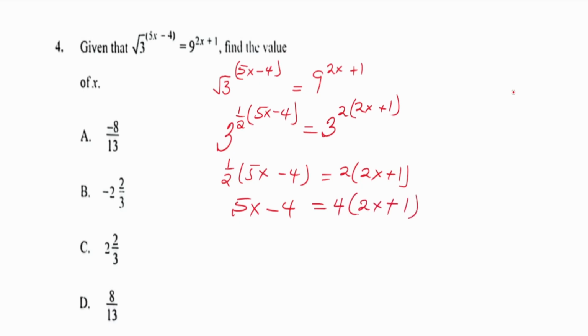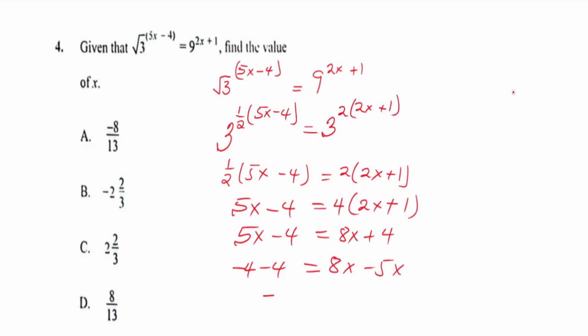Simplifying further, 5x minus 4 equals 4 times 2 is 8, so 8x plus 4 times 1 is 4. Subtracting 5x and 4 from both sides, which is the same as grouping like terms, we have negative 4 minus 4 equal to 8x minus 5x.